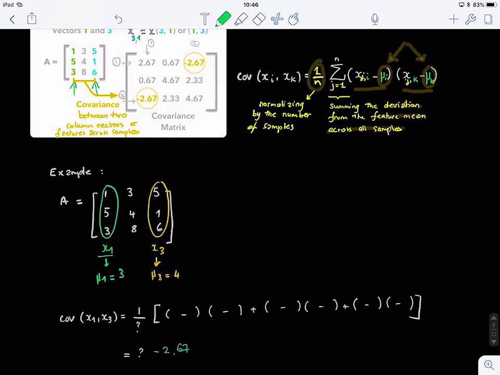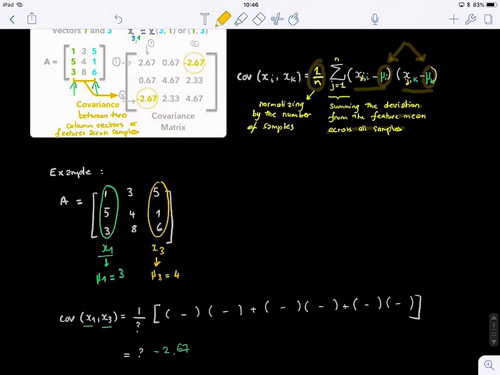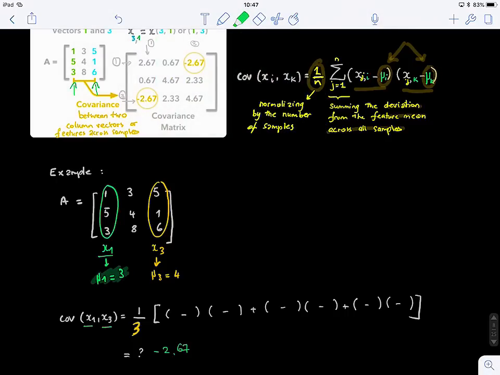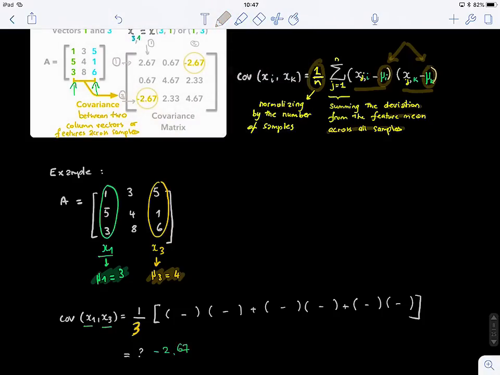So the covariance of feature 1 and feature 3 across all samples is equal to, so how many samples we have? This is important. We're normalizing by the number of samples, right? And you need to compute the mean of the first feature, and also separately compute the mean of the second feature. And then apply the formula. So it's quite straightforward. So we have the mean of the first one.